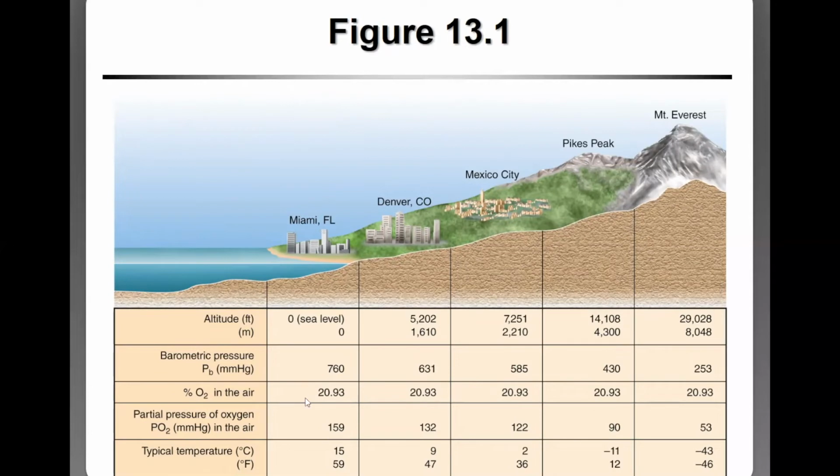The percentage of oxygen in the air remains exactly the same, but when we multiply these two numbers, we can see that the partial pressure of oxygen in the air decreases very drastically from 159 millimeters of mercury to 53 millimeters of mercury at the top of Mount Everest. And as you can also see, as we move up into altitude, ambient temperatures decline.